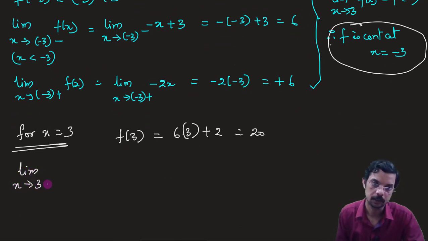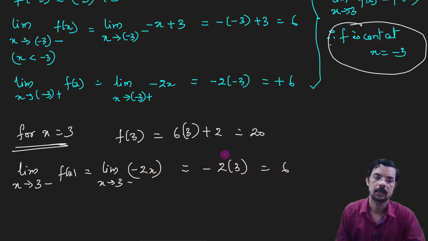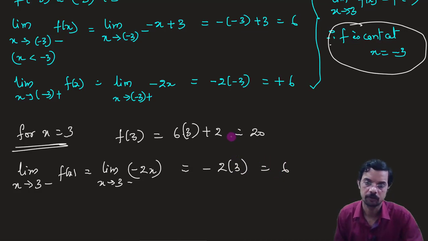Now limit x tends to 3 from the left, f of x, that is equal to limit x tends to 3 from the left, this is defined as minus 2x, right? So it becomes minus 2 of 3, and that is equal to minus 6. Clearly this value is not equal to the value of the function.